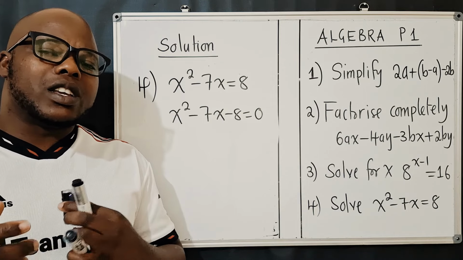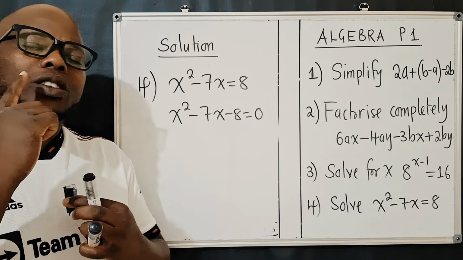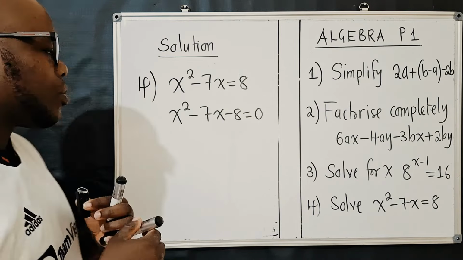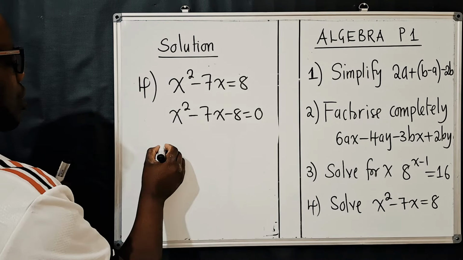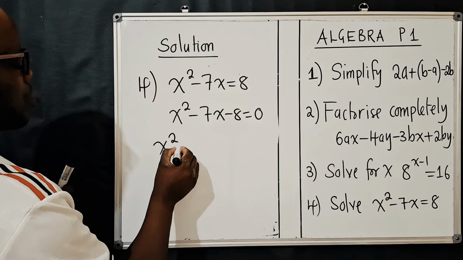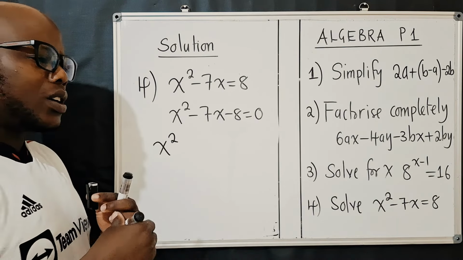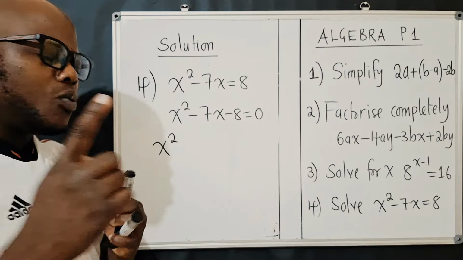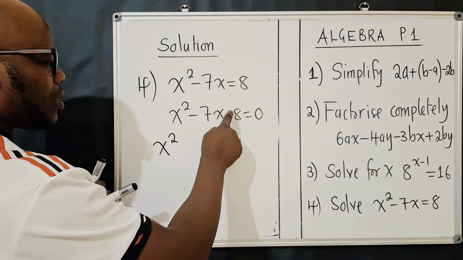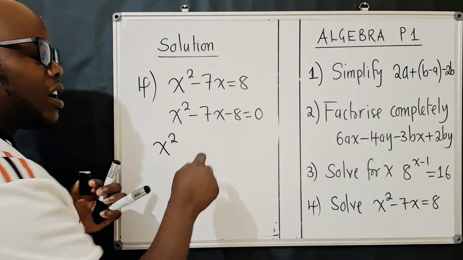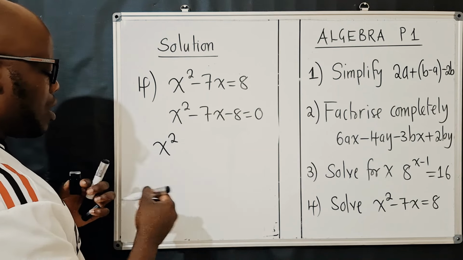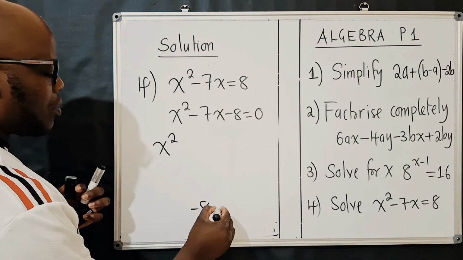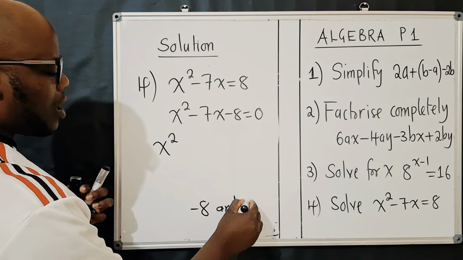And the idea here, we want to have a 0 on one side of the equation. So once we do this, we're going to write x power 2, and then we think of two numbers. When we multiply them, they give us this negative 8, and when we add those same two numbers, they give us negative 7. Those numbers are negative 8 and 1.